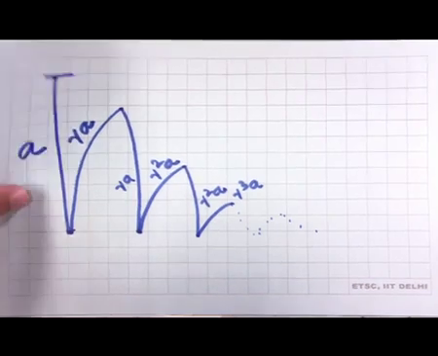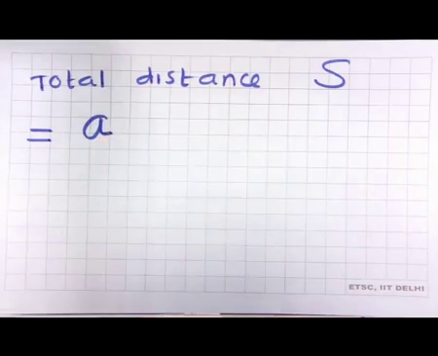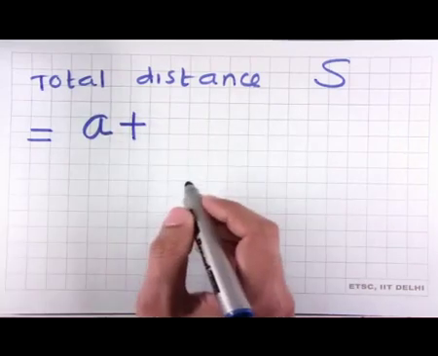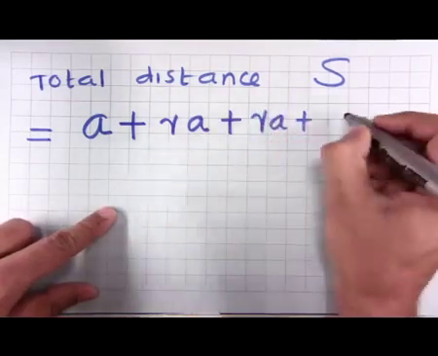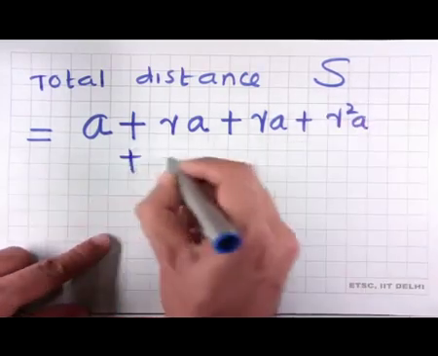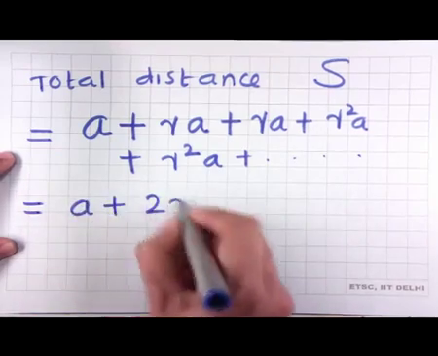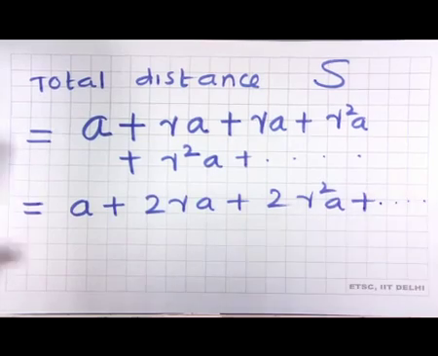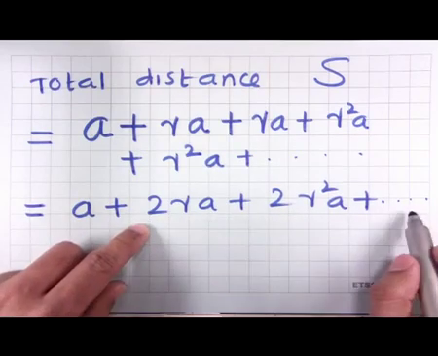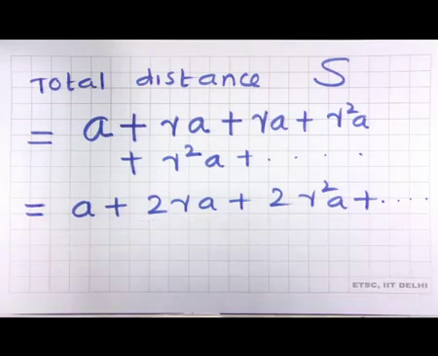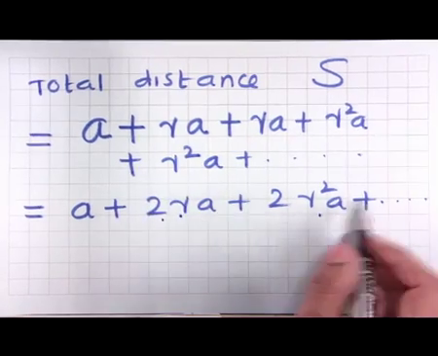So, the total distance, let me denote it as S, will be the first a height travelled down plus rebounds up ra and then down ra, plus rebounds up r square a, then same distance down r square a, and so on, which will be a plus 2ra plus 2r square a plus etc. Now, if you see the second term onwards in this infinite sum, it is a GP. 2ra, 2r square a, 2r cube a, etc. is a GP with the first term 2ra and common ratio r.